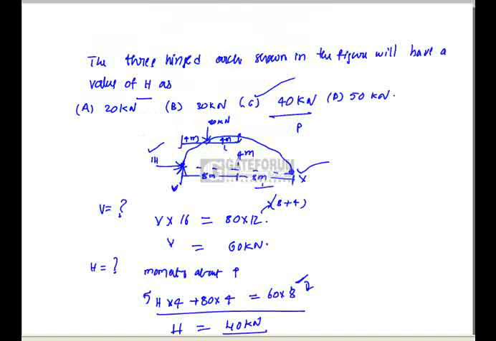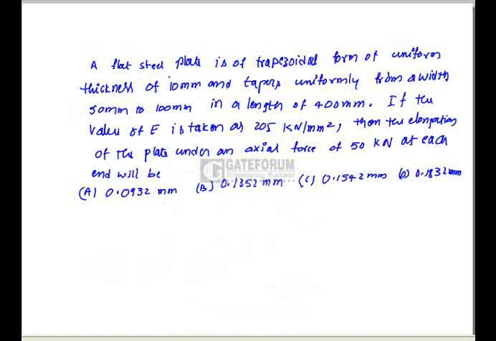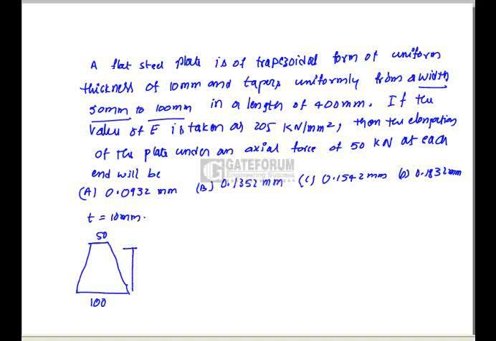Option C is correct. A flat steel plate is of trapezoidal form of uniform thickness t equal to 10 mm and it tapers uniformly from a width of 50 to 100 over a length of 400 mm.